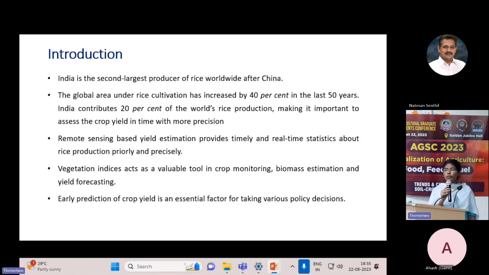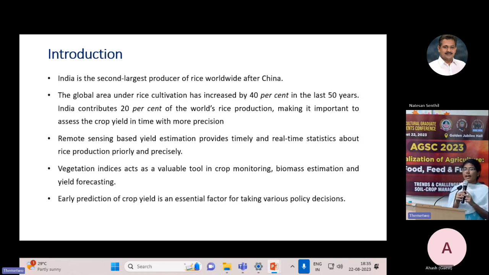Then it is important to predict the yield prior to harvest. In this, remote sensing technology plays an important role, which gives real-time, timely statistics about rice production. Especially in remote sensing, vegetation indices act as a valuable tool in crop monitoring, biomass estimation, and yield forecasting.